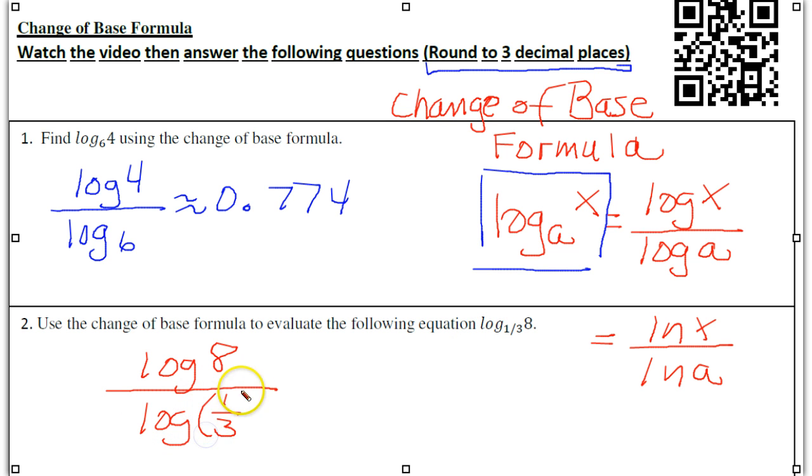And of course you'd put that in a parenthesis and then hit enter. This is the wonderful part about it. And you're going to get a negative 1.893. And hopefully you're using your calculator to support this as we go on.